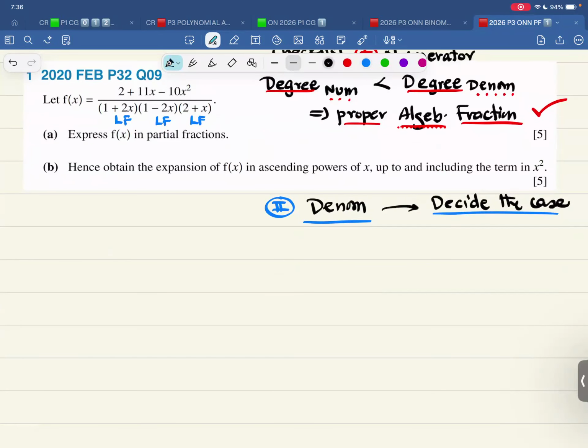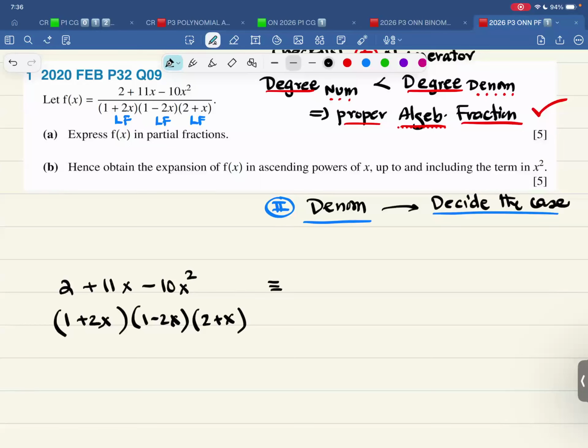So let's get started. 2 plus 11x minus 10x squared divided by 1 plus 2x, 1 minus 2x, 2 plus x. This is identical to a constant over the first factor, that is 1 plus 2x, another constant over the second factor, 1 minus 2x, and another constant, which is c, over the third factor, which is 2 plus x.